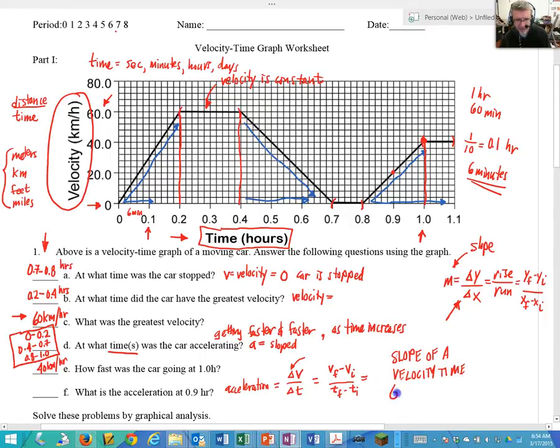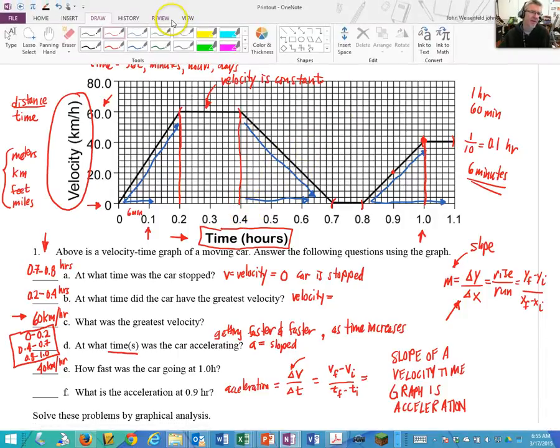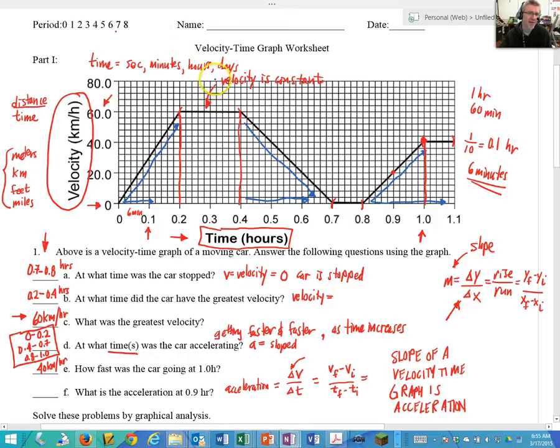And the way you can maybe remember that is look at the parts of this graph where we had no acceleration. So we said that here velocity was constant. Do you remember this part of the graph here? What do you notice about the slope of that segment of the graph?